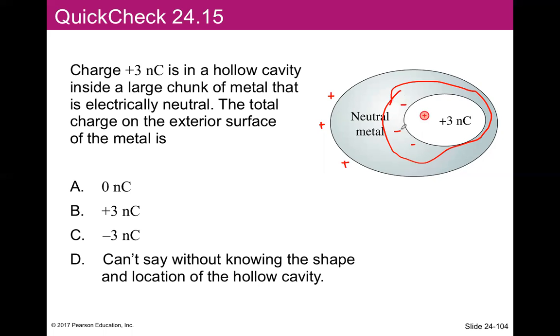That means on the inner surface, you should have -3. Okay, now you have -3 on the inner surface. And the metal is neutral. That means all the positive 3 charges should be distributed on the other surface, which is the outer surface. Then the answer should be B.